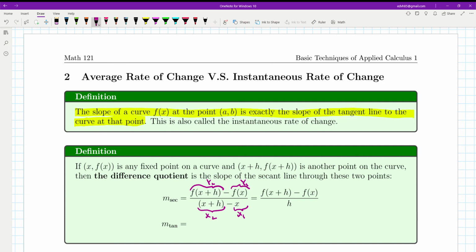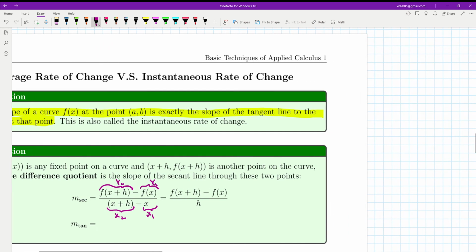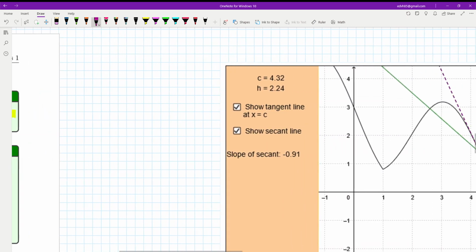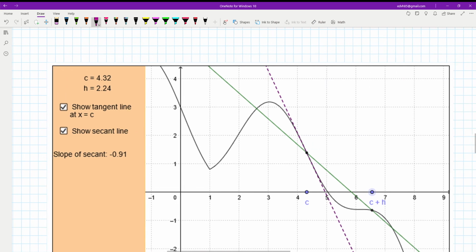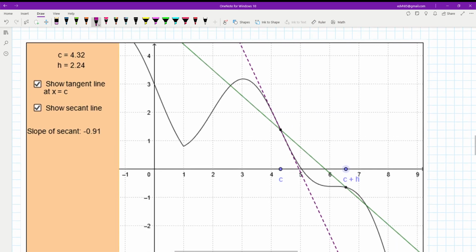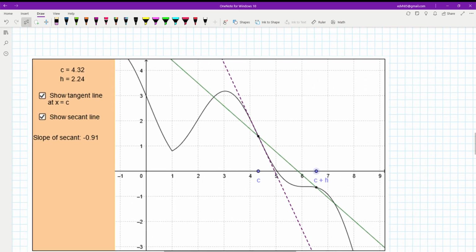However, we are going to use this idea to eventually go from secant lines, which is what we did in the previous examples, getting the slopes of the secant lines, to getting the slopes of the tangent lines. Here is a picture that gives us a graph. The graph of the function doesn't really matter.